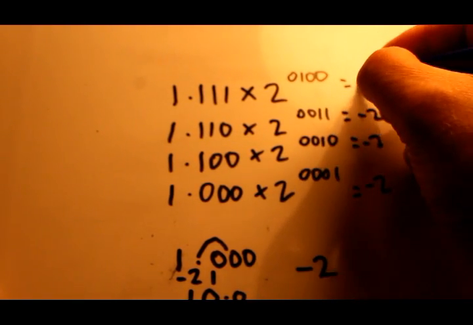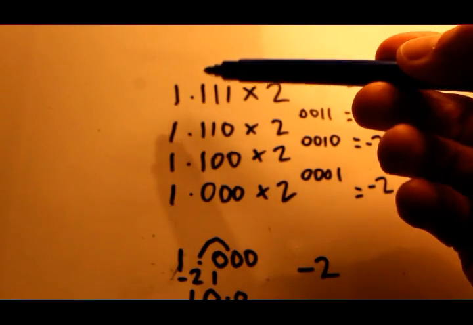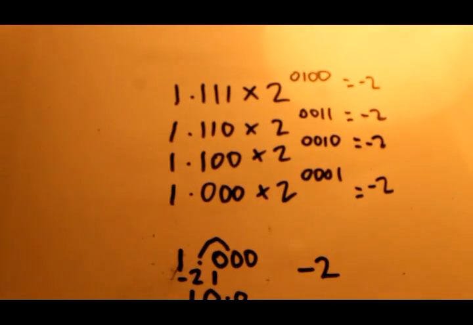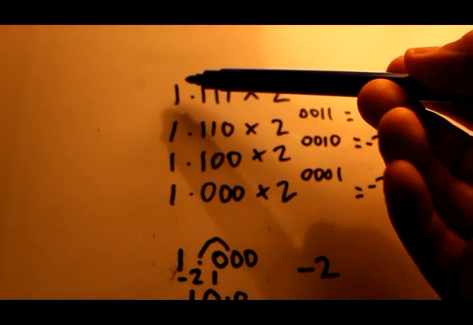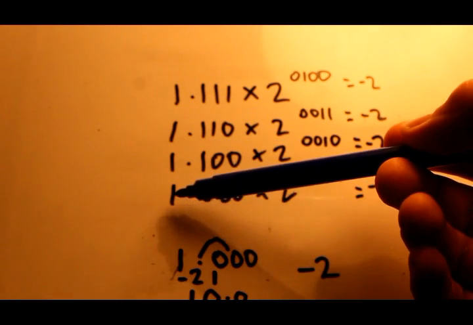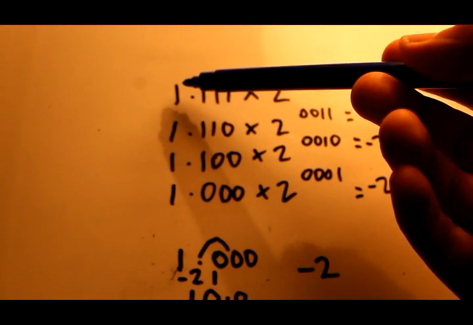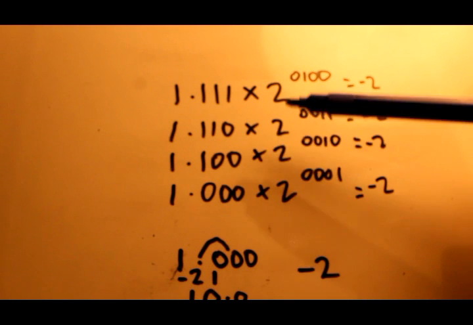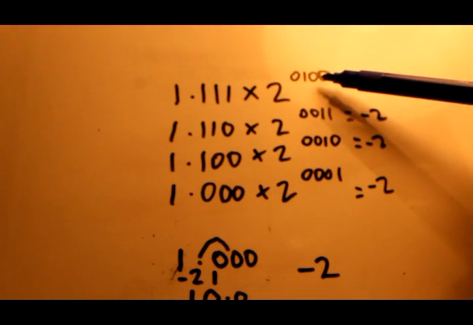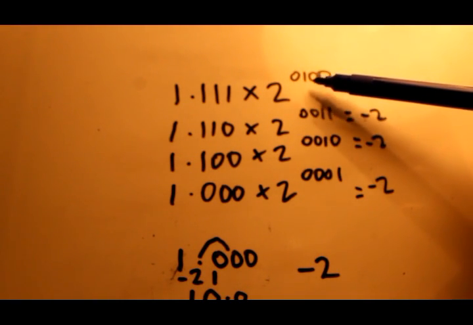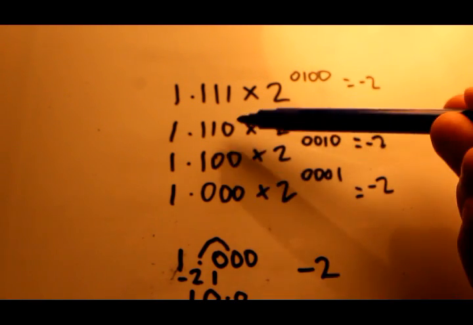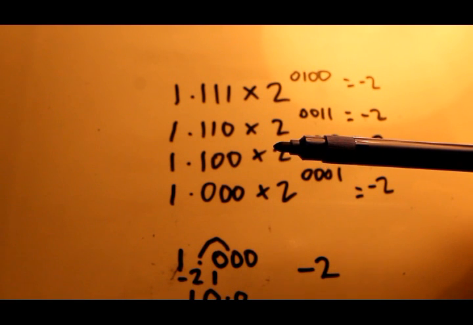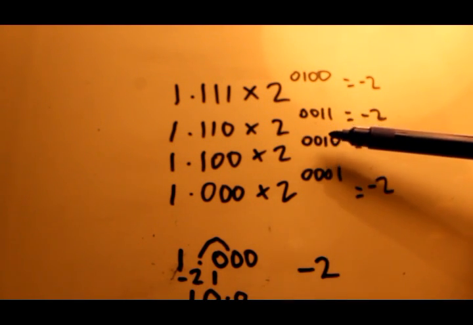So it stands to reason that these extra ones here are getting in the way of accuracy. And by moving the decimal point out, we shift. We never get rid of the significant bit here, because that always has to be a 1. But what we do is every time we decrease the value of the exponent from 4 to 3, we shift away one of the ones. And we do it the same here.